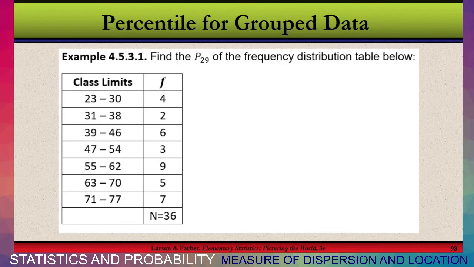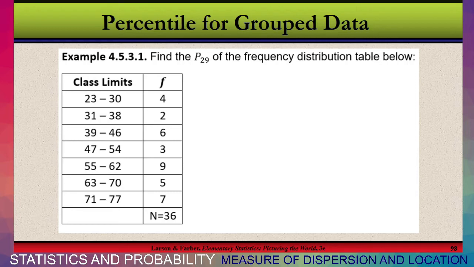Dapat pinagpare-pares ko na lang ang class limits para hindi na tayo nahirapan magsulat. 23 to 30, 31 to 38, 39 to 46, 47 to 54, 55 to 62, 63 to 70, and 71 to 78.